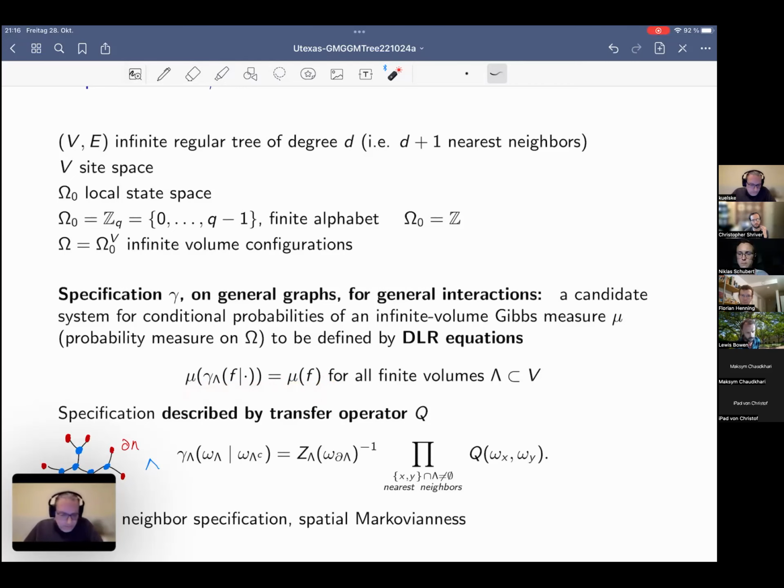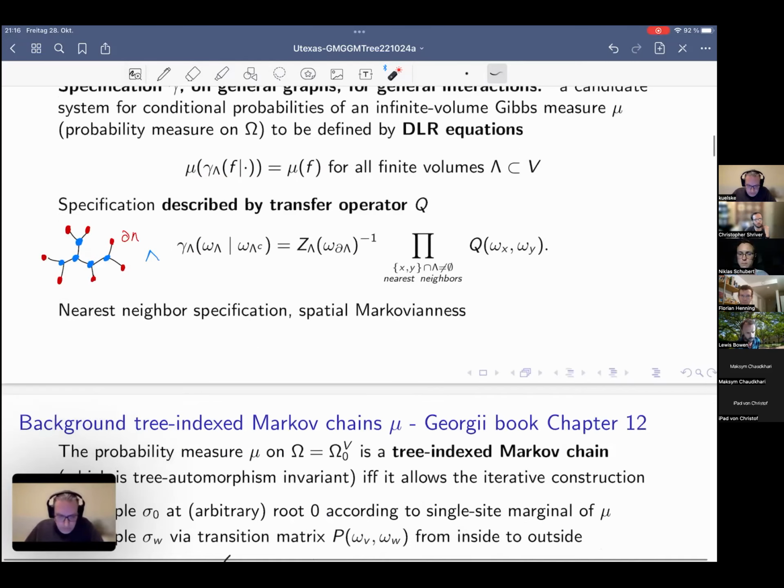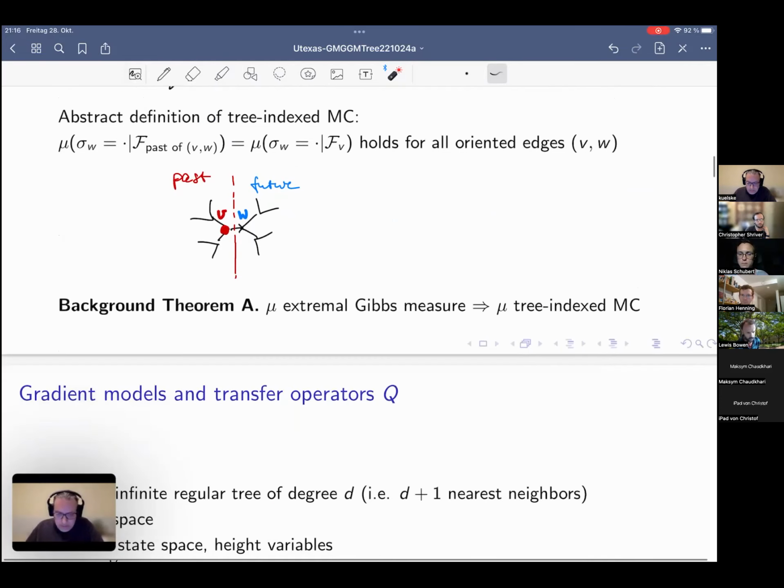And so in particular for trees, there's this relationship that extremal Gibbs measures are always tree index Markov chains, but not vice versa. So there are straightforward examples, for instance, in the Ising model with the boundary condition where in a range of parameters, the opposite implication is not correct.